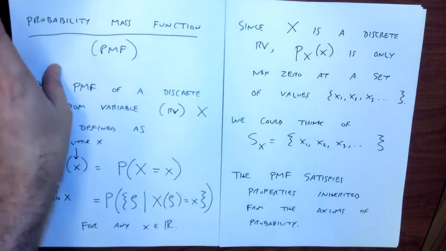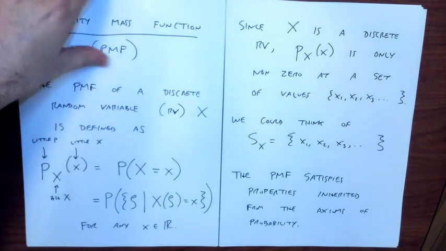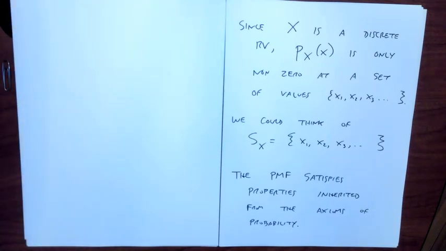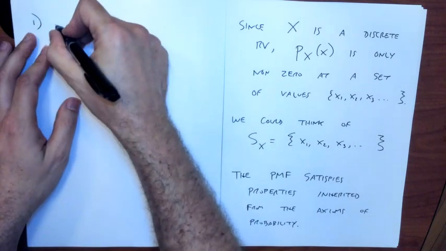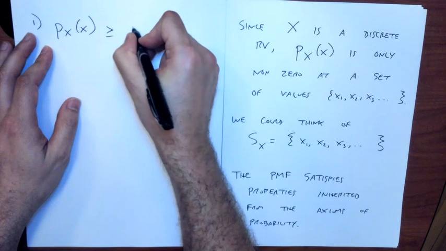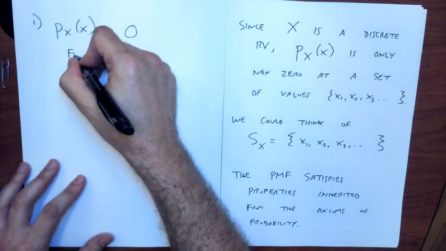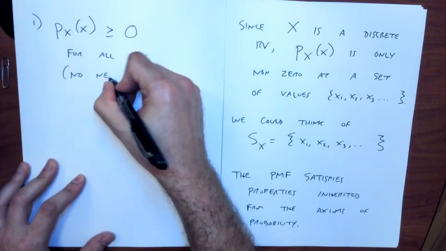So for example, the probability of any event, I already told you a while back, has to be non-negative. So one of these rules is that the probability of any outcome has to be greater than or equal to 0 for all x. This just means no negative probabilities.